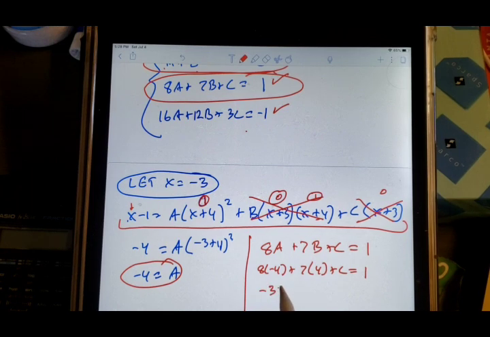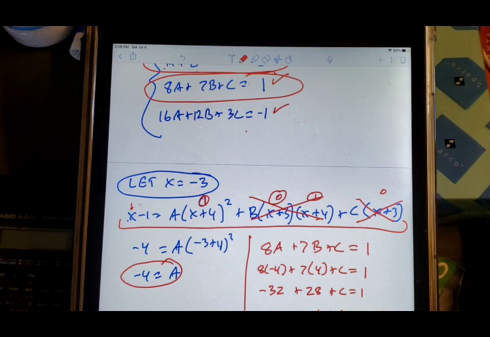So I have -32 plus 28 plus C equals 1. Looks like I'm going to get, nope, just a 1. If I add 4 to both sides, C is equal to 5.